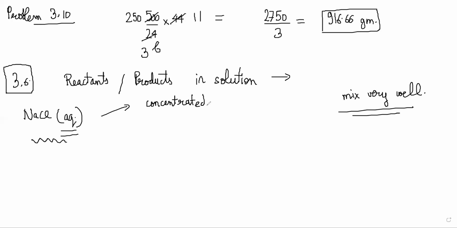You say concentrated or dilute. Basically, these are the two terms that you use. You say that it is dilute if there is very little NaCl in the solution, and it is concentrated if there is a lot of NaCl in the solution, right? But these are subjective sort of statements. The best way is to have a mathematical measure that will help us find out the amount of NaCl present in solution.